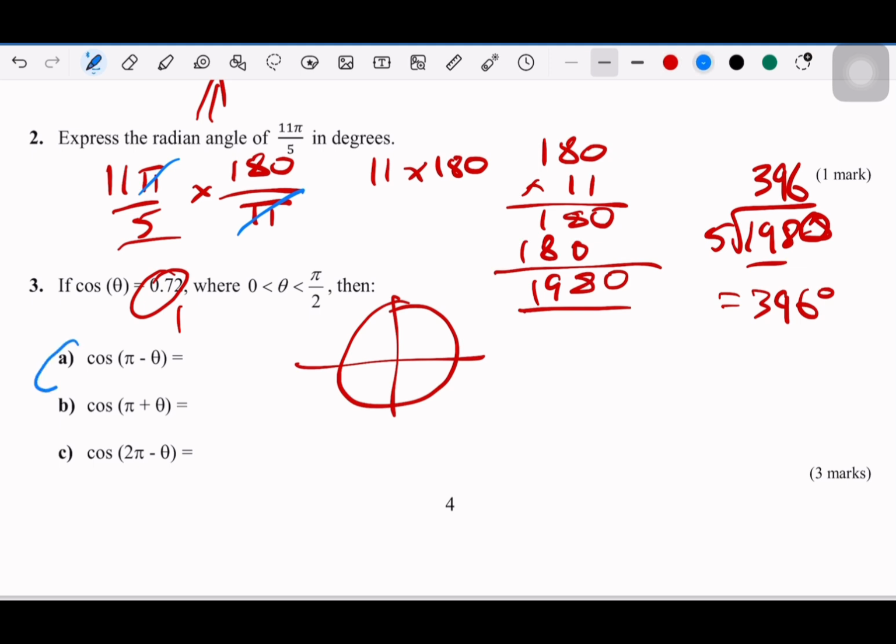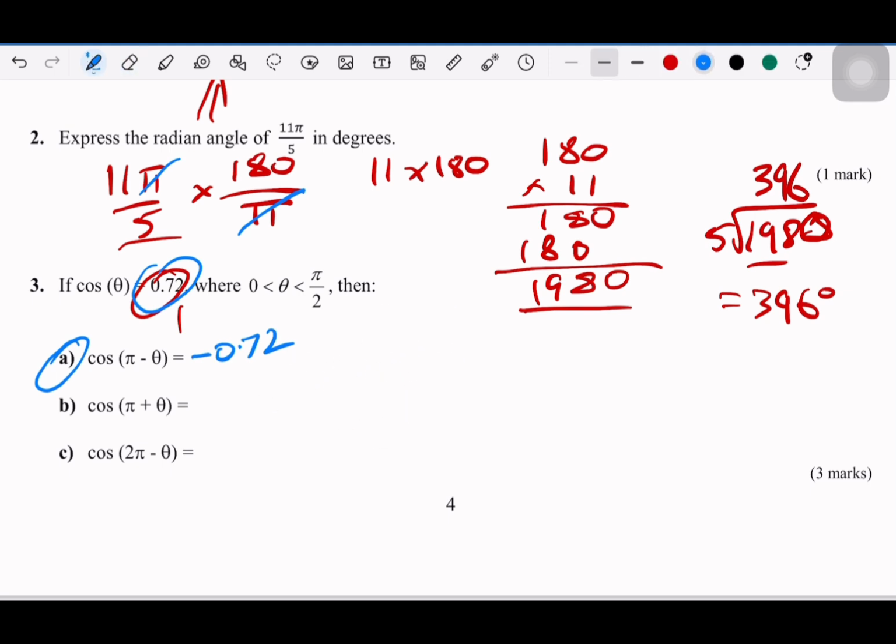And this part right here is asking you what's going to be the value when pi minus this number, 0.72. Since the only angle that's going to be positive in the second quadrant is sine, cos is going to be negative. It's pi minus this angle, which is going to make it negative 0.72. That's all you need to write.